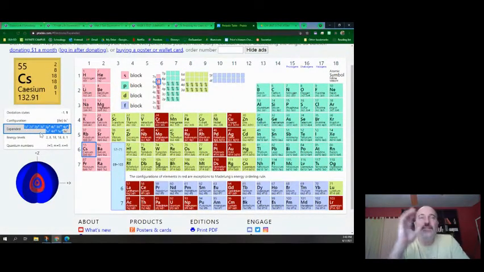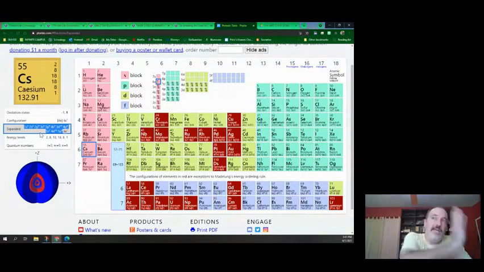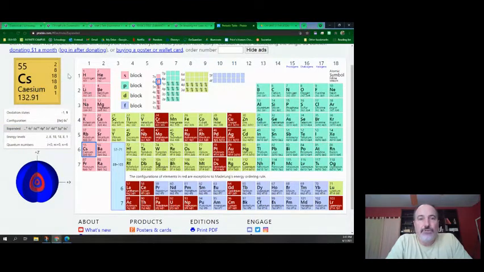And it just makes them a lot simpler. And then you just add on everything after xenon. So you can always just take the noble gas that is the one behind it, and then expand from there. Okay? So let's try some of these. I'm going to do these on the whiteboard next.